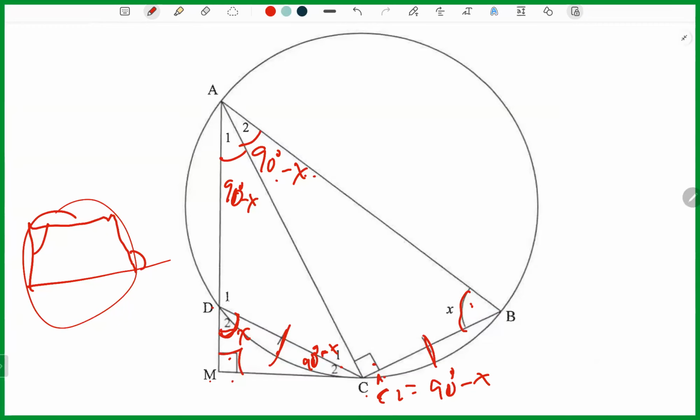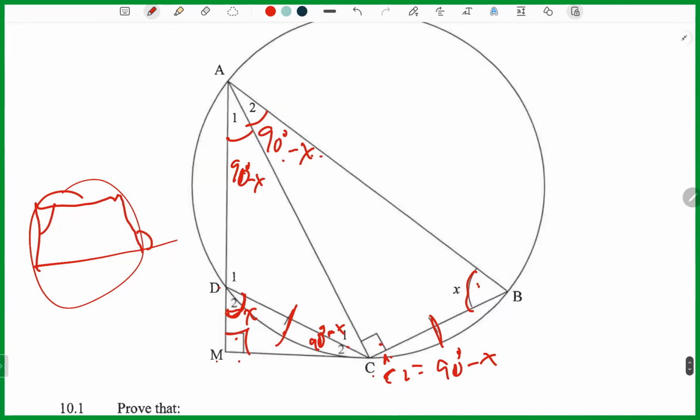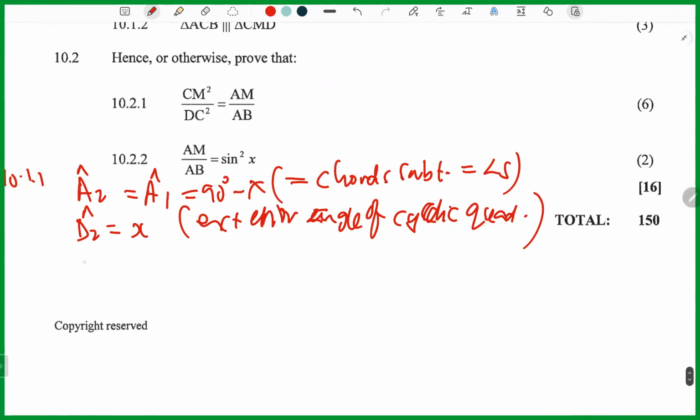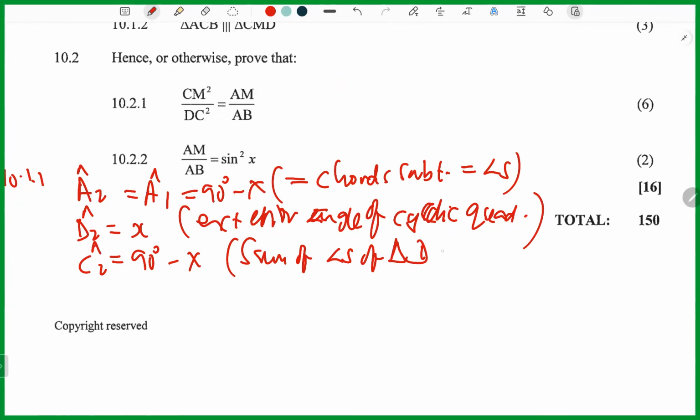You have 180 degrees if you add all the interior angles of that triangle. So angle C2 therefore is 90 degrees minus x. Why? Because of the sum of angles of triangle DCM.